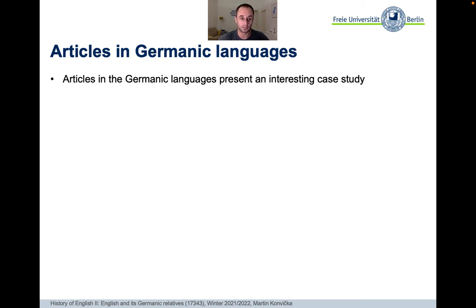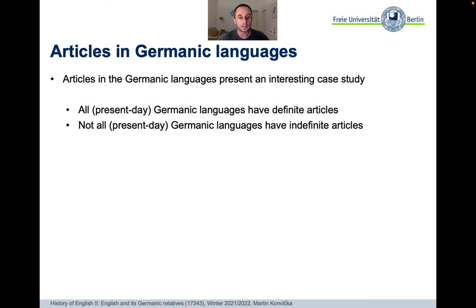Now, when we are talking about morphology in the Germanic languages, there's one thing that I would like to draw your attention to, and that is articles. This might seem like a very usual thing to have, but in cross-linguistic comparison, this is in fact not that common. Not many languages use this system.